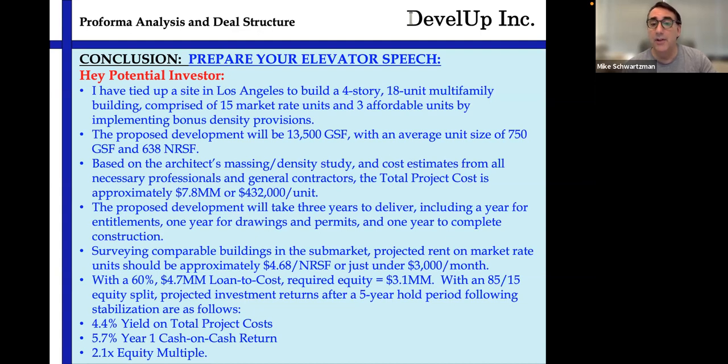So once I've got my loan, I need $3.1 million with an 85-15 equity split between the limited partner and general partner. The projected investment return after a 5-year hold period is as follows: 4.4% yield on total project costs, 5.7% year one cash on cash return, and a 2.1 equity multiple.